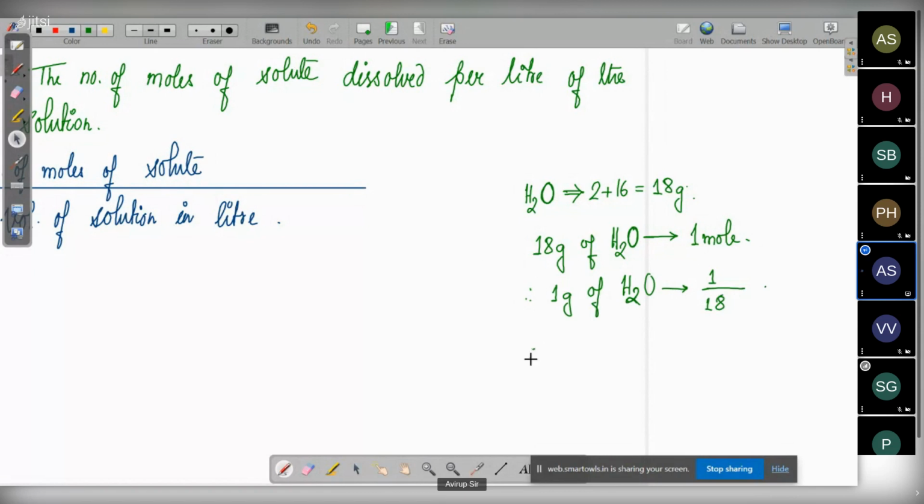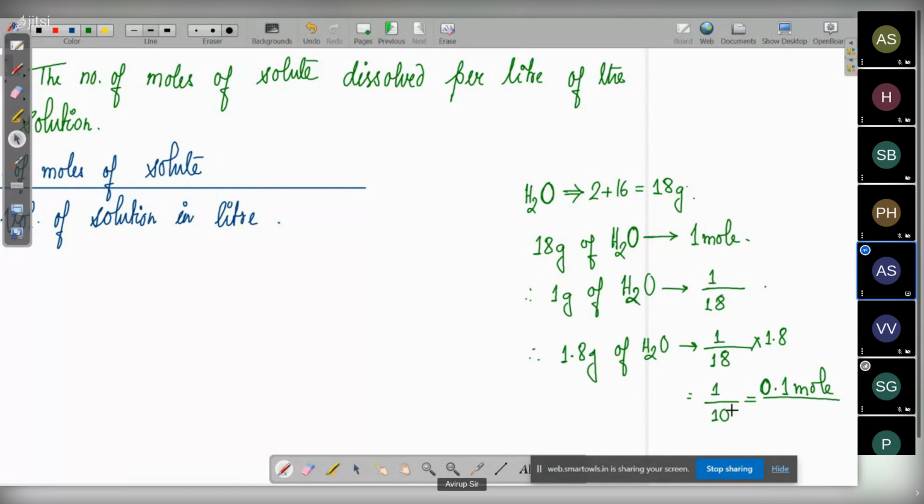Suppose in the experiment you are taking 1.8 gram of water. That will be equal, just like the unitary method, to 1 by 18 into 1.8. So that is equal to 1 by 10, or you can write it as 0.1 mole.